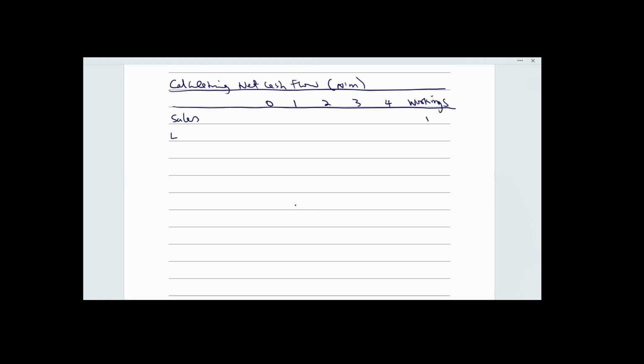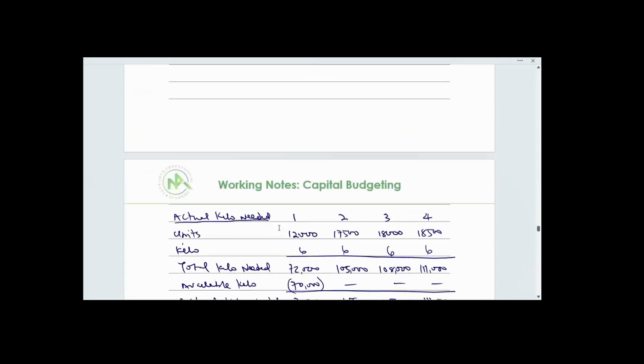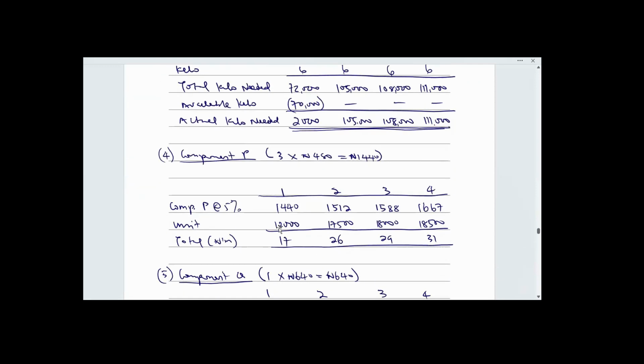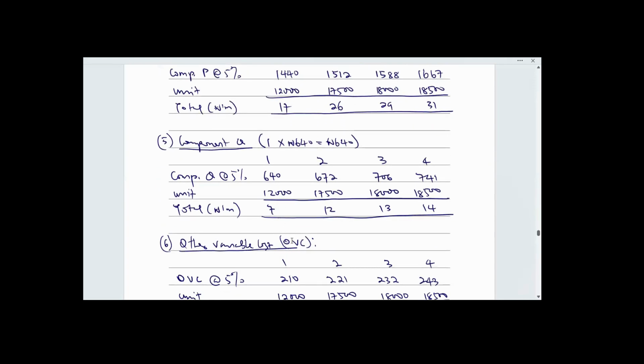I have labor, working number 2. I also have material Z, working number 3. Then component P, component Q, other variable cost.